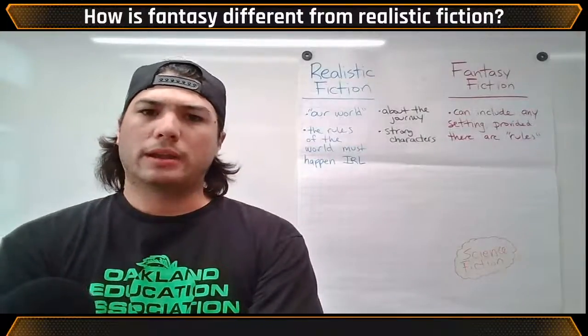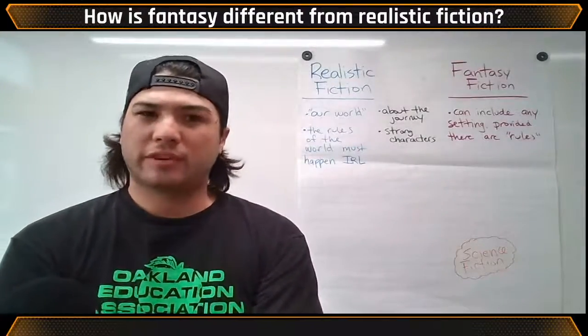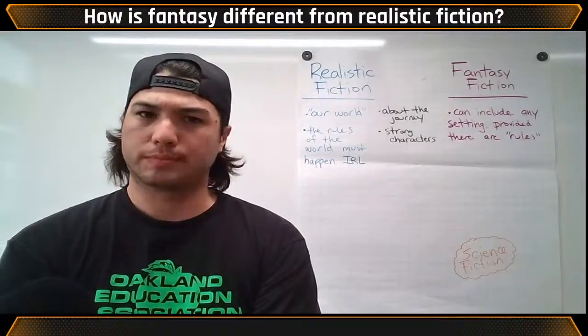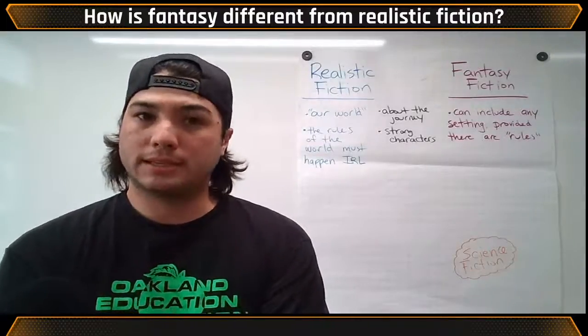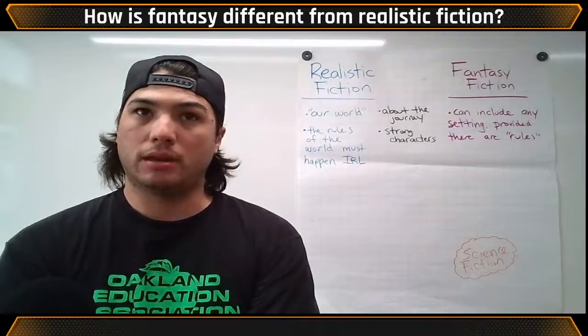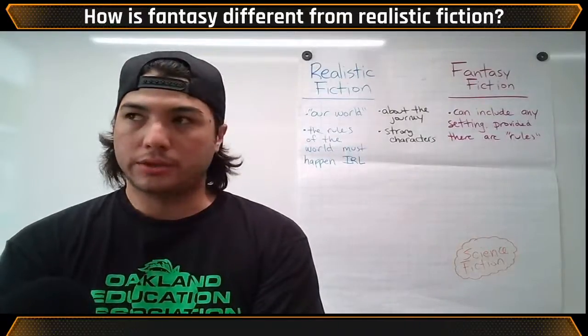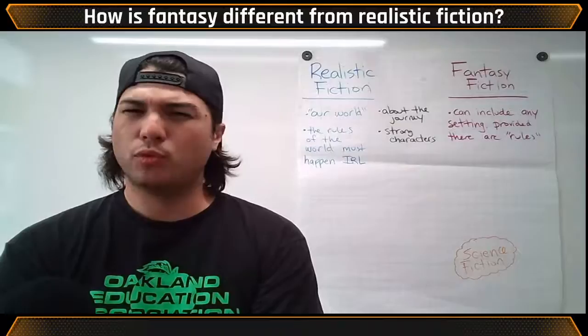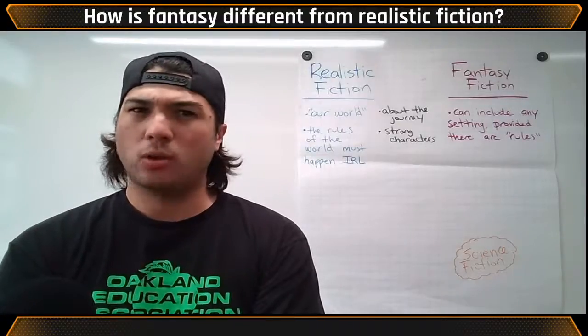So, there we go. I wrote there can include any setting provided there are rules. One of the biggest things about fantasy fiction and writing anything that isn't realistic is there still have to be rules for that world.